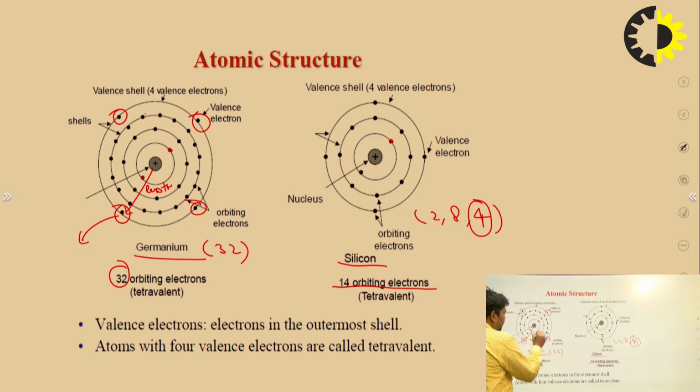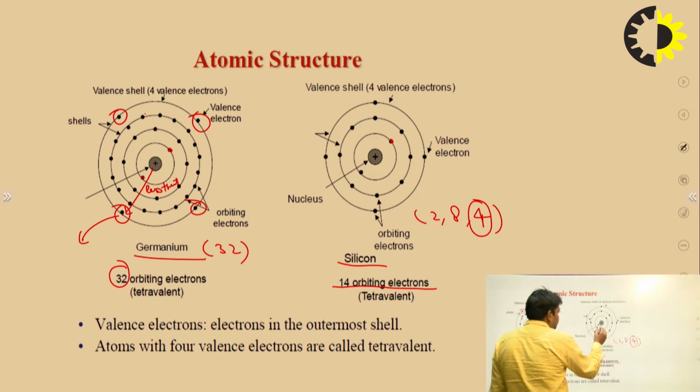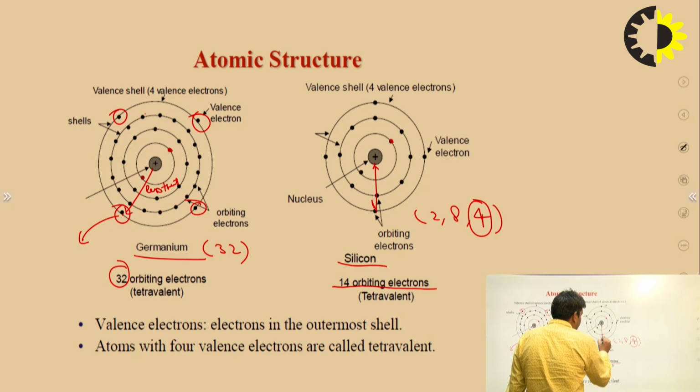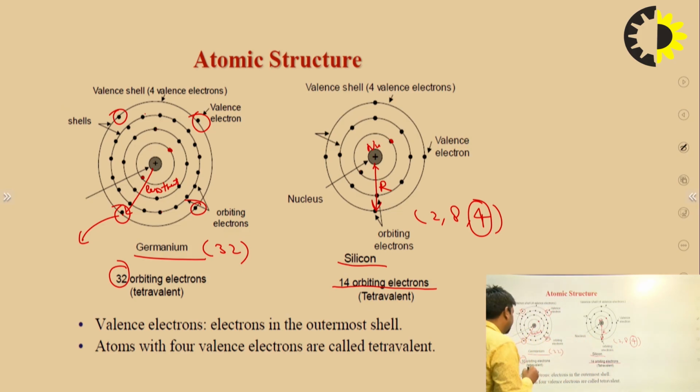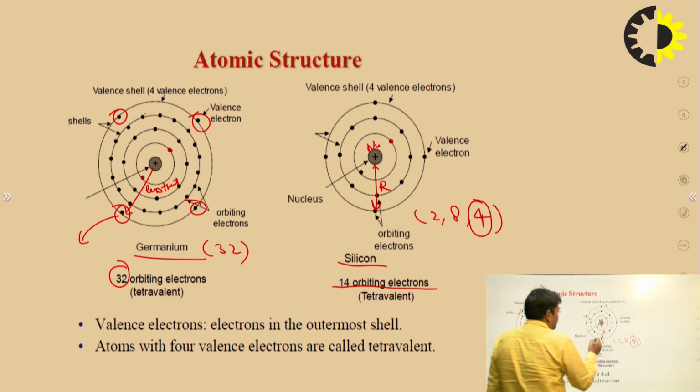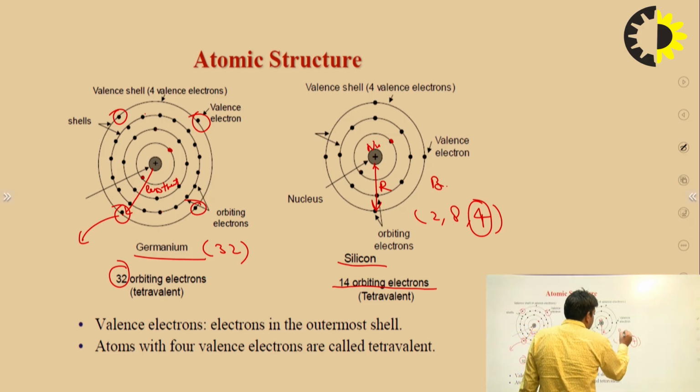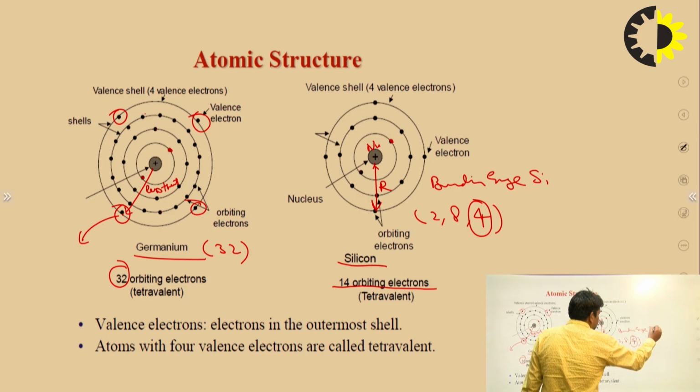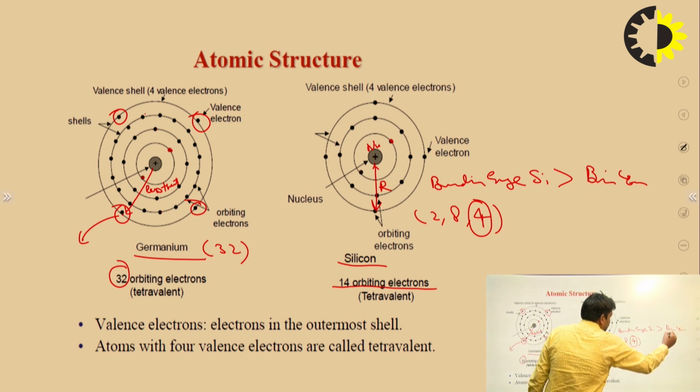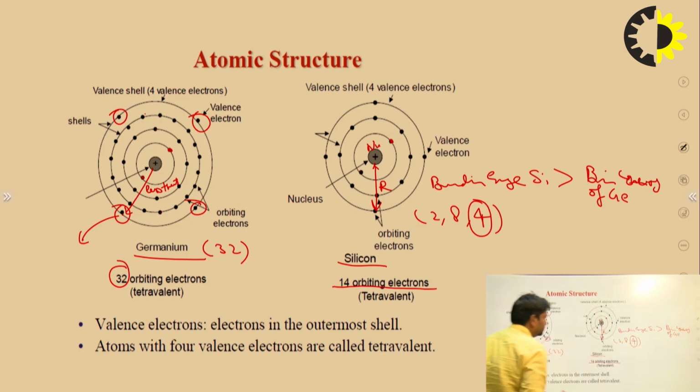In silicon, the radius between the last orbit, the valence electrons, and the nucleus is less than in germanium. So we can say the binding energy of silicon is greater than the binding energy of germanium.